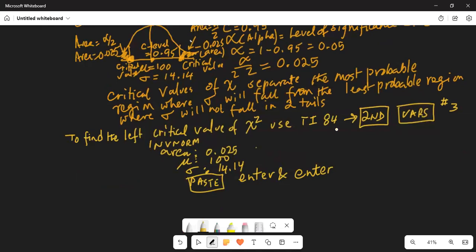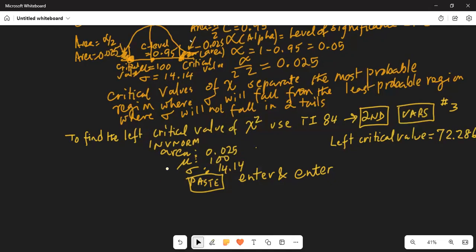So again: second vars, number 3 invNorm, area is 0.025, mu is 100, sigma is 14.14. I go down to Paste, enter and enter. And the answer, the left critical value, is equal to 72.286.